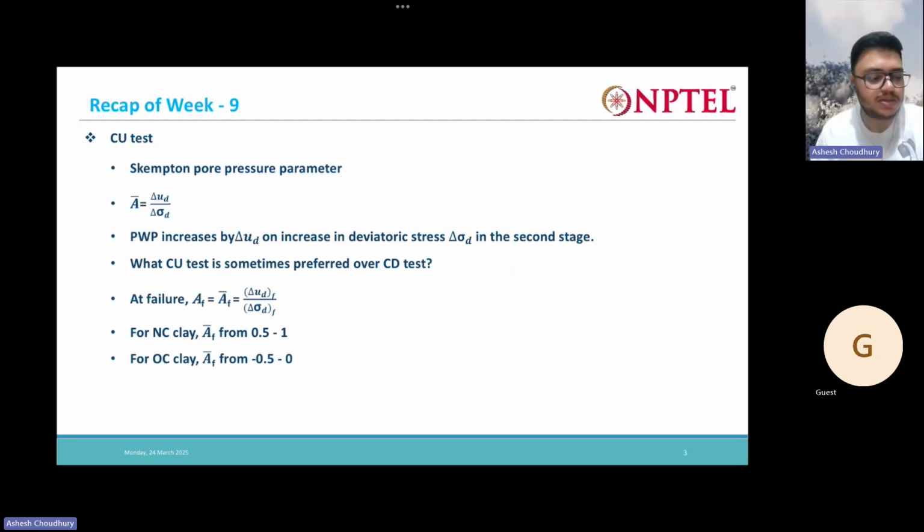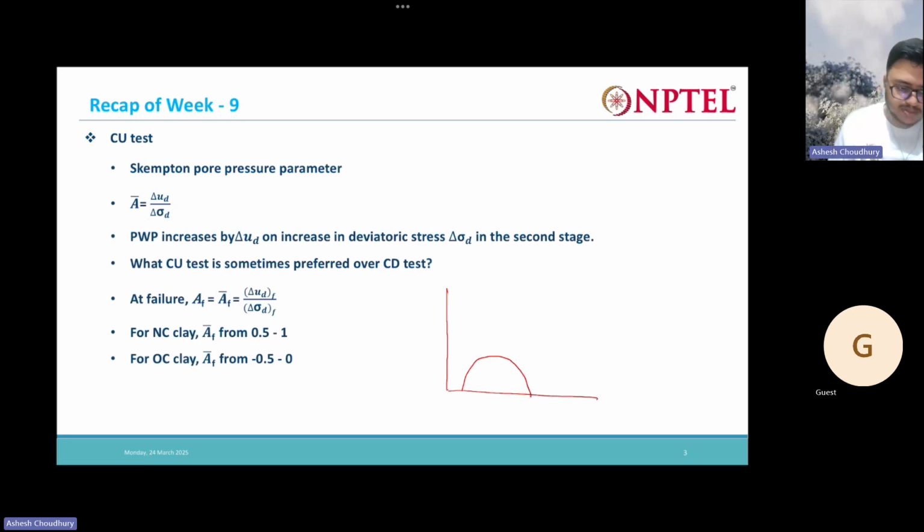See, this was the test, right? So you get one more circle. Now this is the total value. If the soil is a normally consolidated soil, then the pore water pressures will be positive, so the effective Mohr circle will be something like this.